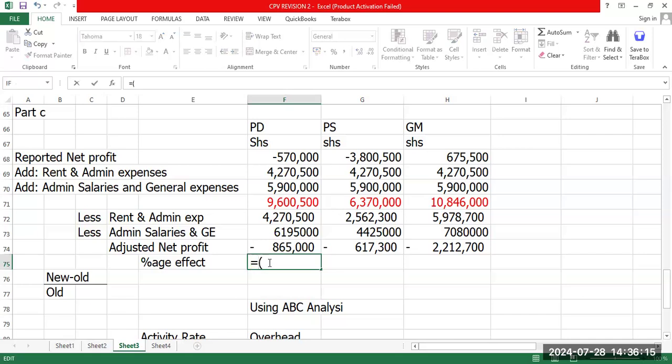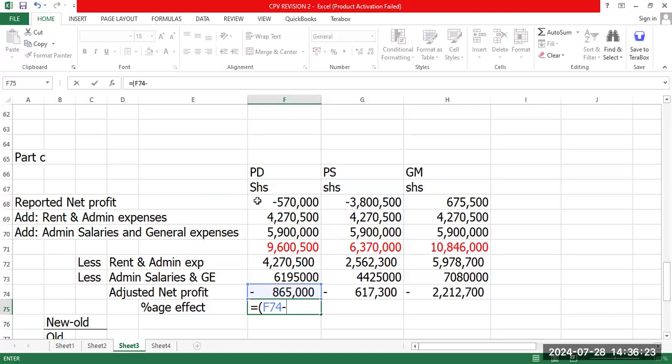Use your calculator, colleagues. It is this one minus what was the old one? The old one was this. The one stated in the question. The old one which you were using CVP. The new one you are using ABC. The previous one was using CVP.